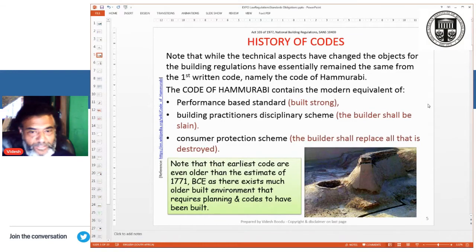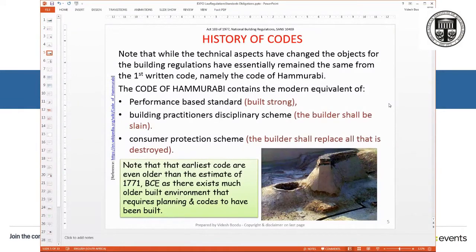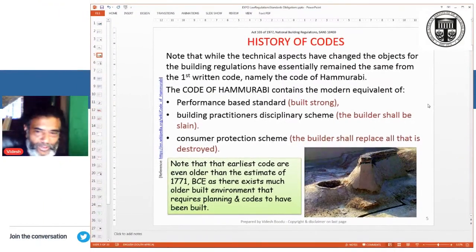So a performance-based standard, which is literally from the Code of Hammurabi, is build strong. A building practitioner's disciplinary scheme, where it says a builder shall be slain, and a consumer protection scheme, where the builder shall replace all that is destroyed. And literally, these three ideas have been carried forward since then.